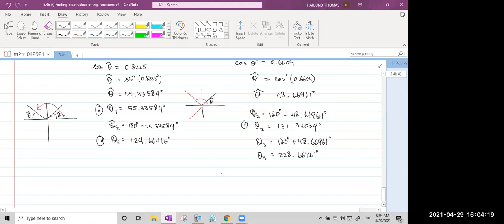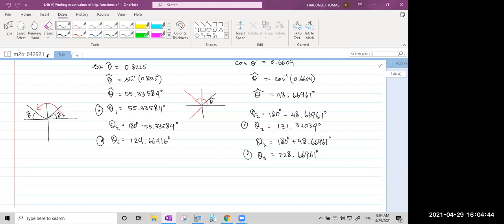So get the reference angle first, see which quadrants the actual angle is supposed to be in, and then adjust to get the actual angles.